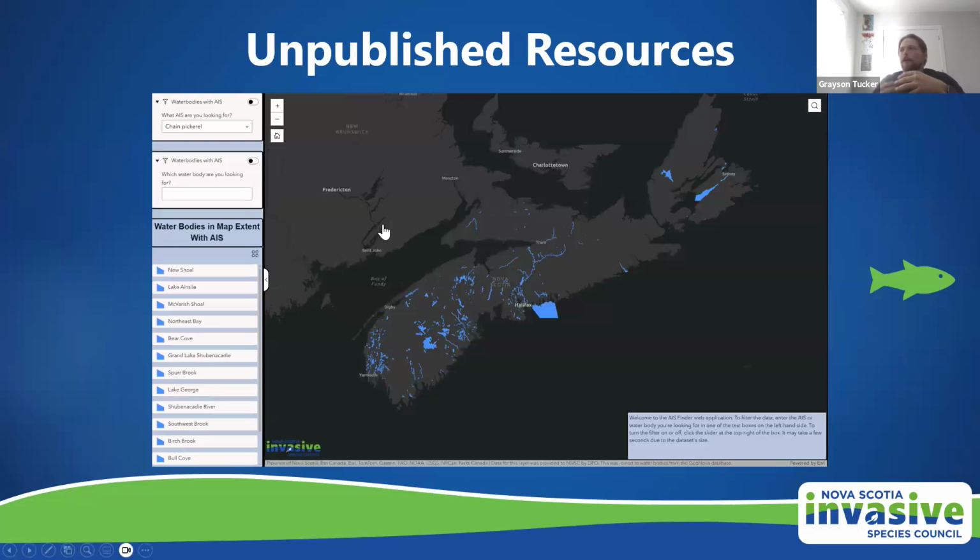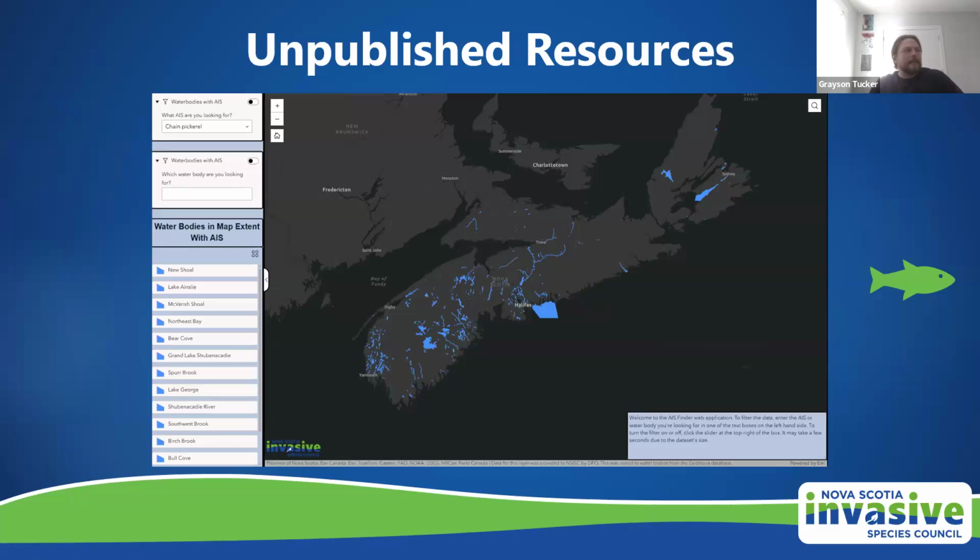So then we are also working towards creating resources that can be used not only for educational contexts, but also for some of our partners as they relate to invasive species management and other things like that. This is one that we're currently working on. It's not quite ready yet, but this is our aquatic invasive species finder application.